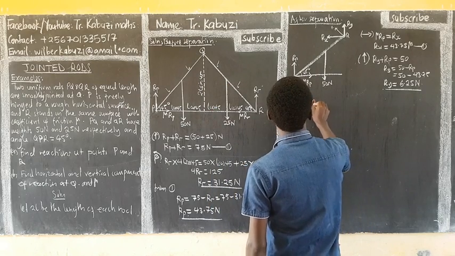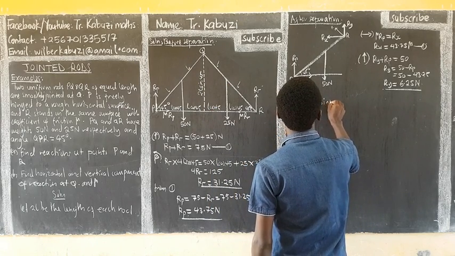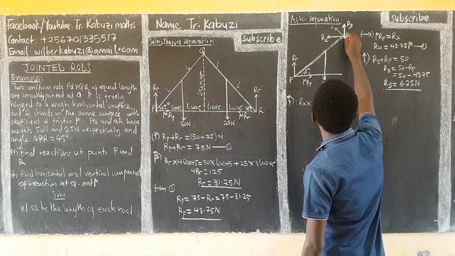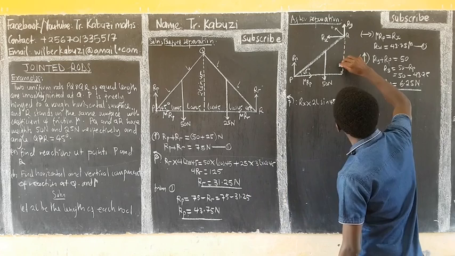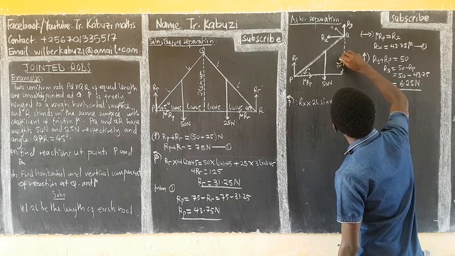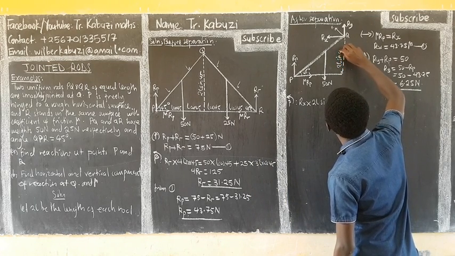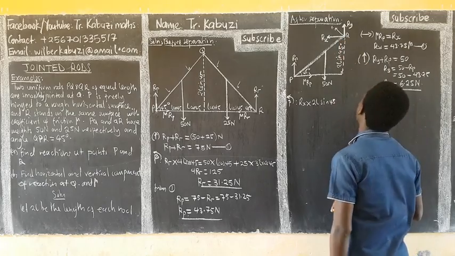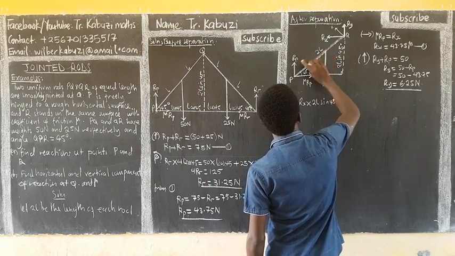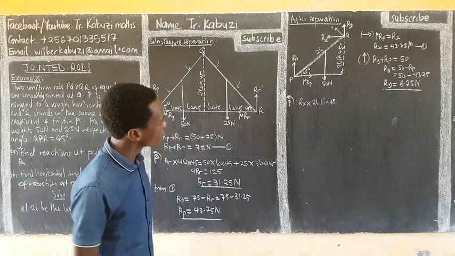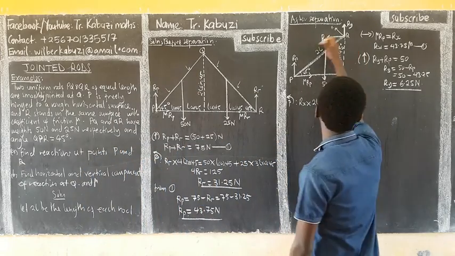So it's going to be 2L sine 45 degrees. That's going to be the height if we have this as 2L.